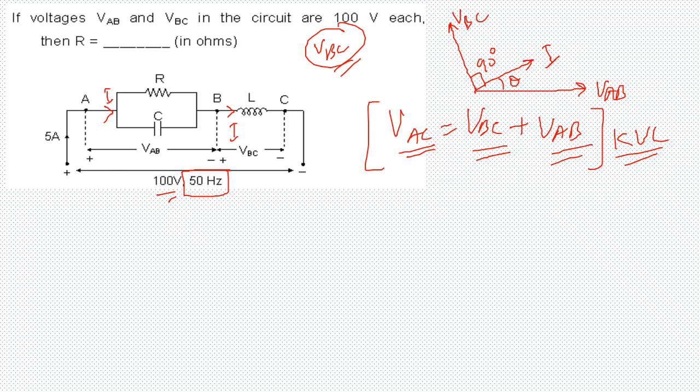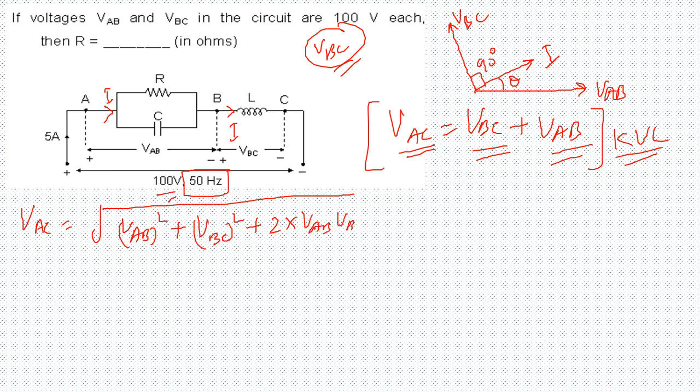The resultant voltage is VAC, and that is equal to the square root of VAB squared plus VBC squared plus 2 into VAB into VBC into cos of (90 plus theta). Now we know all the values except theta.